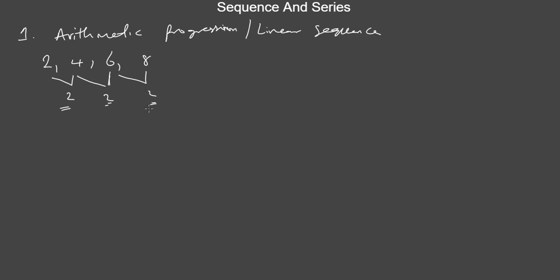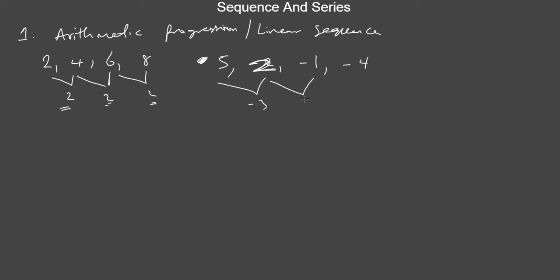So we have other examples like this. You could have something like 5, then 2, then minus 1, minus 4, and so on. So in this case, what's the difference? 2 minus 5, that's minus 3.